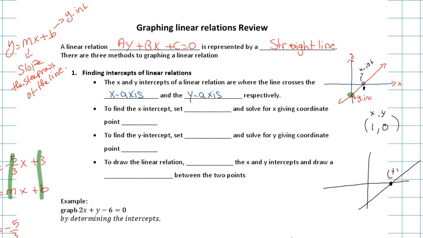That's why it's called an x-intercept, because the y value is 0. So if you want to find the x-intercept, you set y equal to 0 and solve for x, giving coordinate point (x, 0).